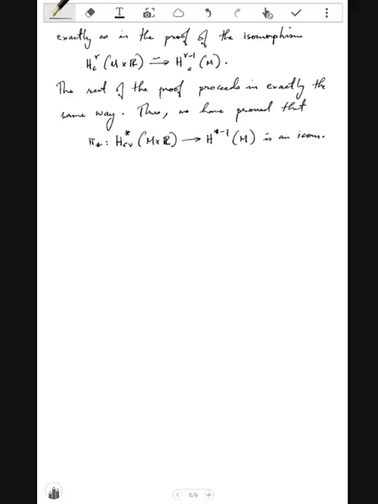So, which implies pi lower star from H of M cross R^n to H star minus n of M is an isomorphism.